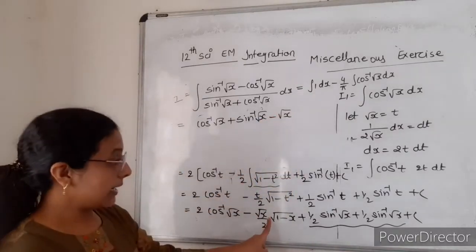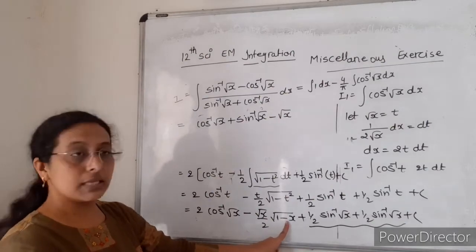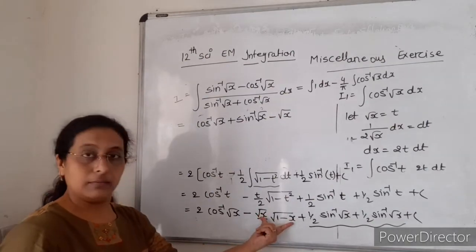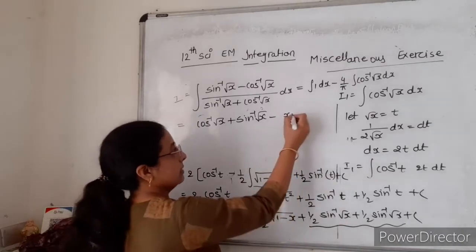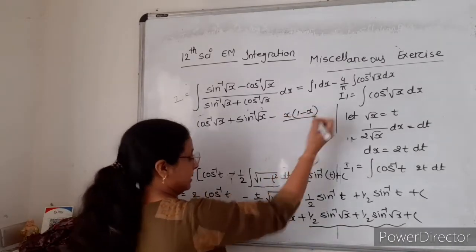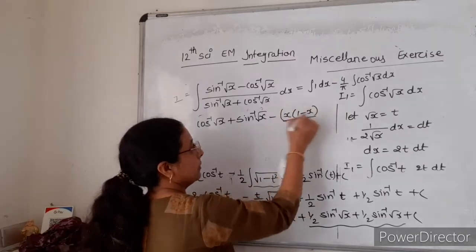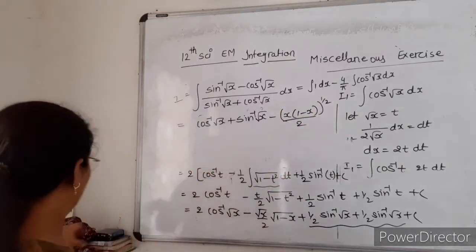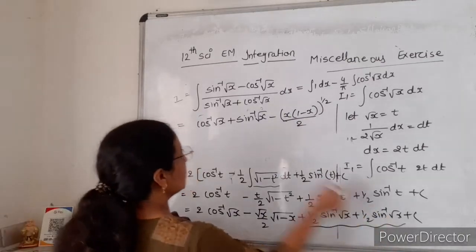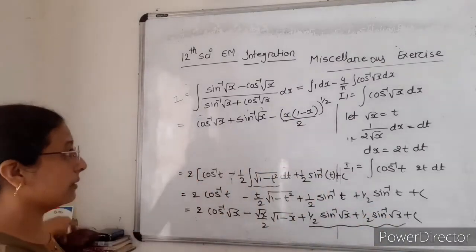This is x and 1 minus x, this whole is in the root. So I will write x into 1 minus x raised to the power 1 by 2, by 2. Right? This is sin inverse root x. Sin inverse root x will come here.